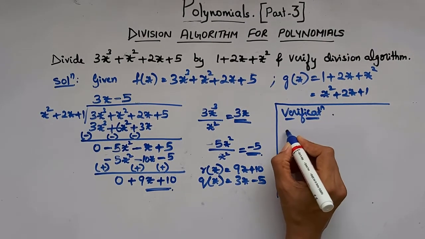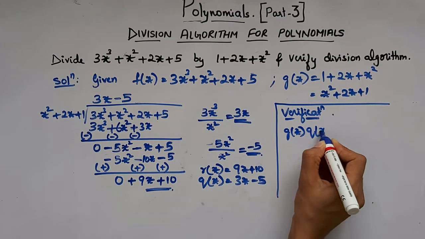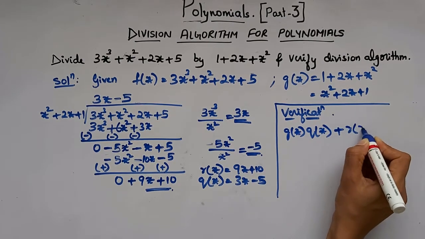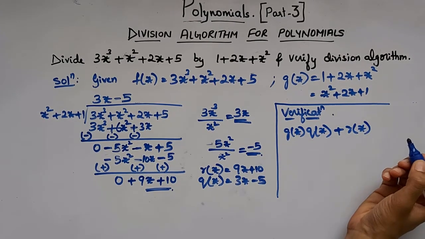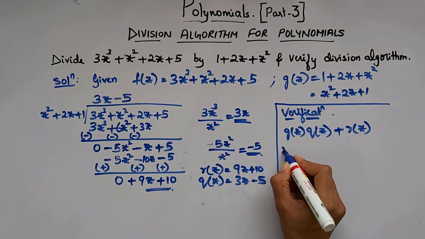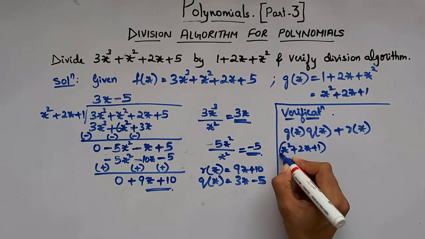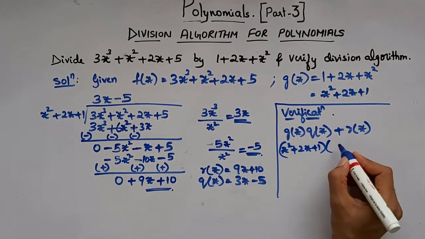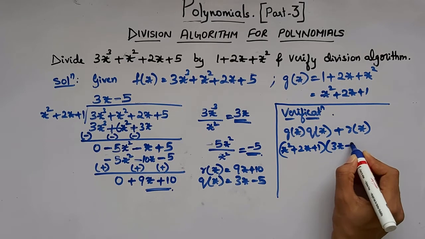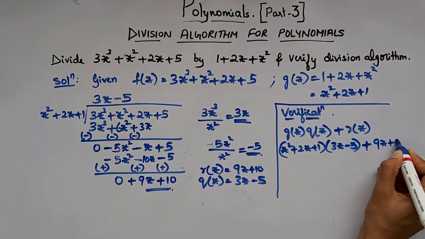We know the divisor, that is g of x into q of x, plus r of x should give you f of x. So here g of x is x square plus 2x plus 1, your q of x is 3x minus 5, and your r of x is 9x plus 10.